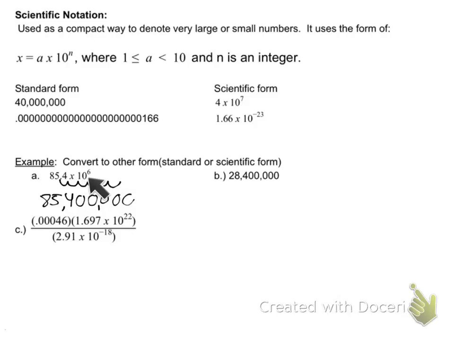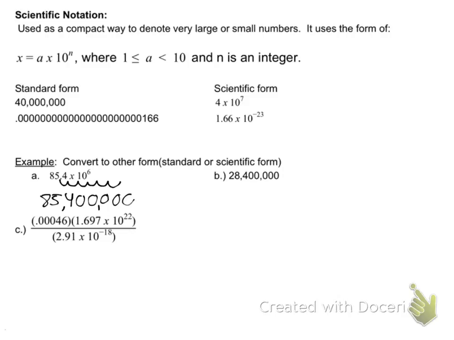So when you're moving your decimal to the left here, it looks like you're adding to your exponent. When you move to the right, you'd be subtracting. I like to sometimes think of it as, do I have to go further? That means I have to raise my exponent. If I'm going less far, then I can lower it.